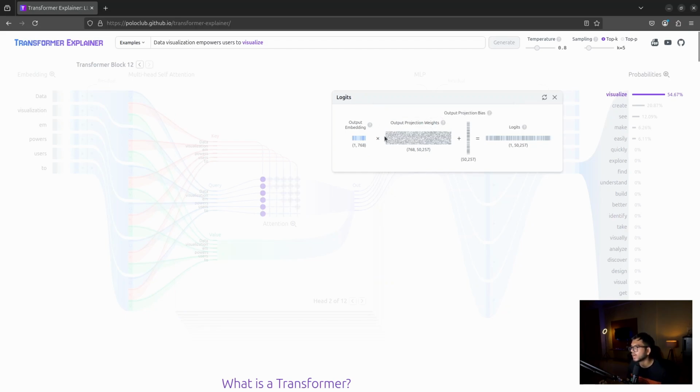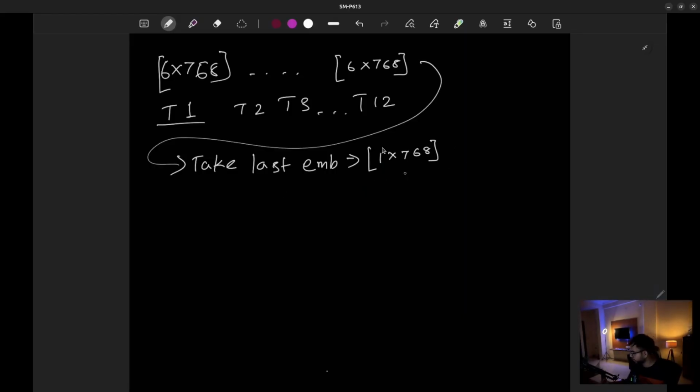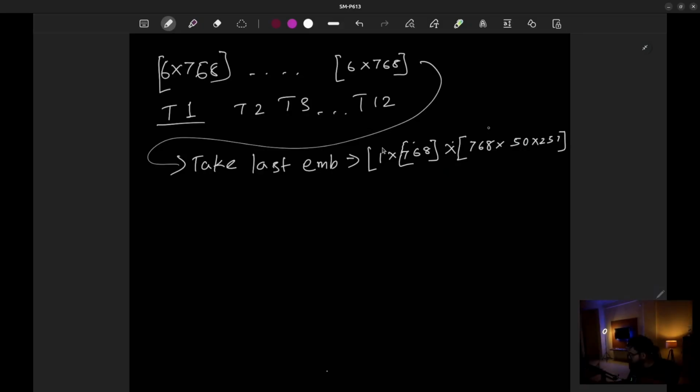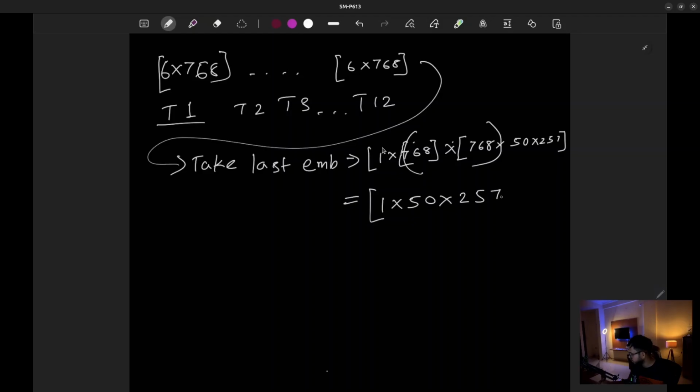So these are the weights which will get multiplied with the last output embedding. We will do a matrix multiplication, and the weights are 768 by 50,257. After the multiplication, as you can see, the 768 and 768 are the same dimension, so what we get is 1 by 50,257.